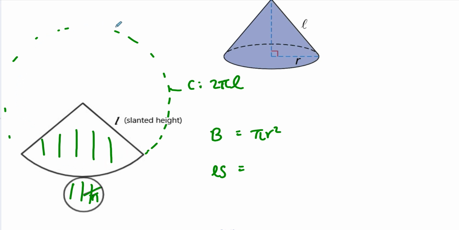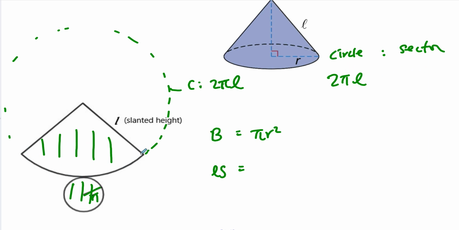We can find the big circle's length is 2 pi r, which is the circumference of this circle with the radius of L. So 2 pi L, right? And compare that to this, which is a circle, and I'm looking at the sector. Compare that length to this part, the whole to part.